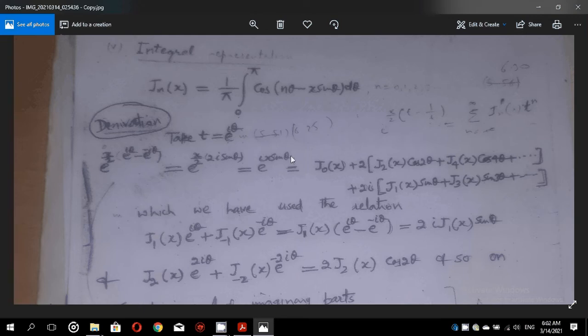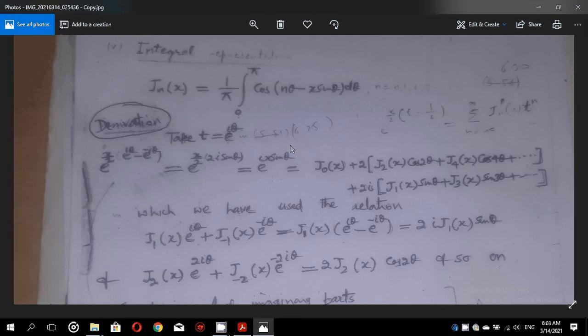Now this exponential has both the real and imaginary parts, and similarly on the right hand side of the generating function, where you have summation n from minus infinity to plus infinity, J_n(x) into t to the power n.